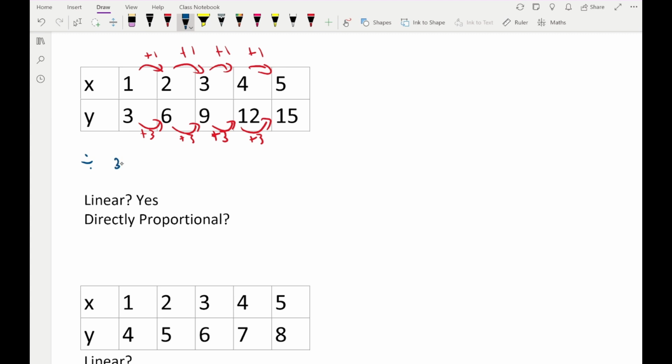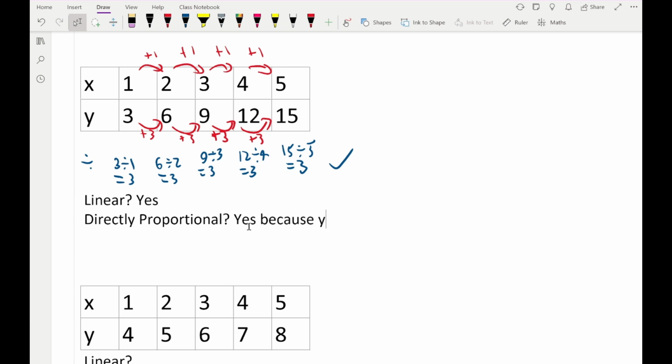All right, 3 divided by 1 equals 3. 6 divided by 2 equals 3. 9 divided by 3 equals 3. We're on the right track. 12 divided by 4 equals 3. And 15 divided by 5 equals 3. Great. So is it directly proportional? Yes, because y divided by x always gives the same answer.